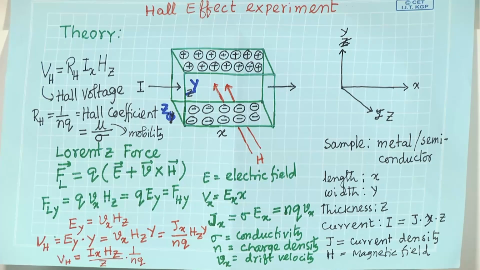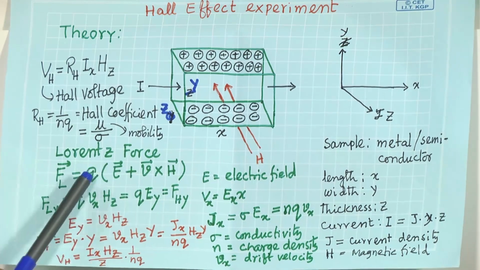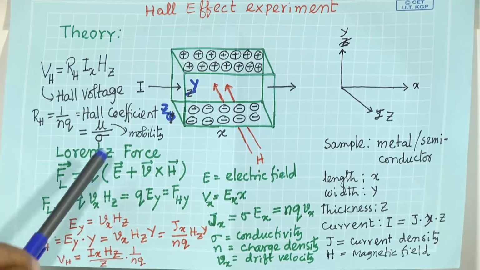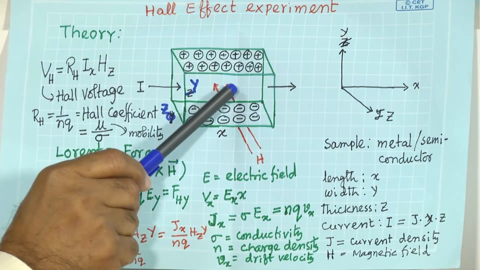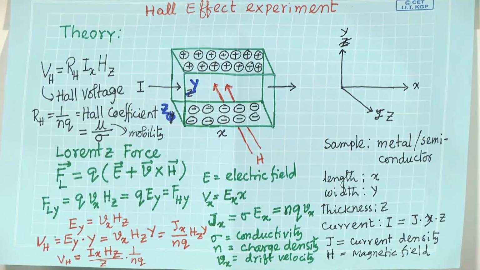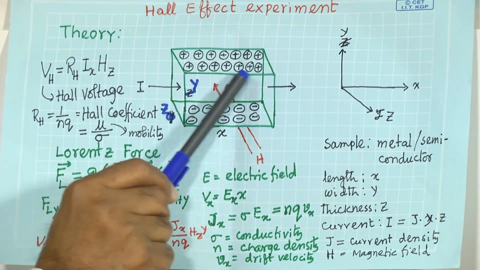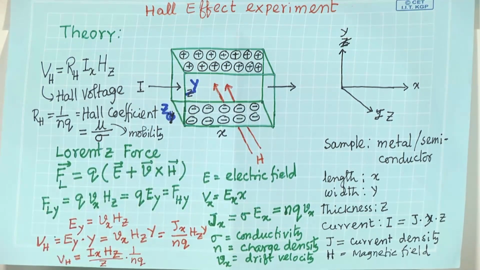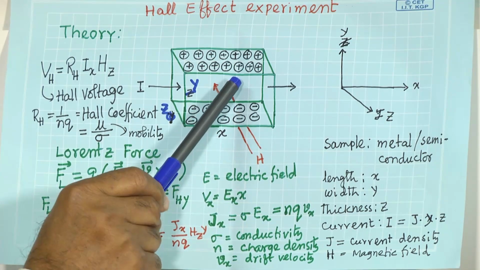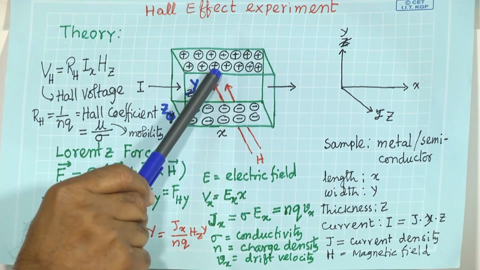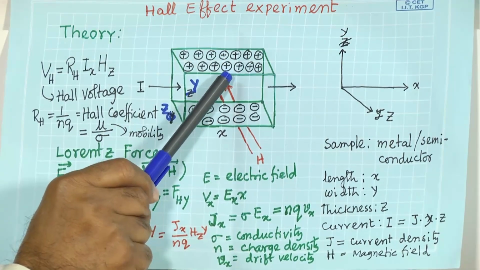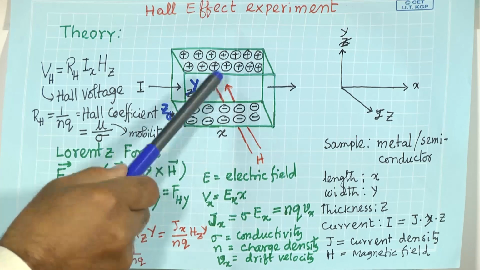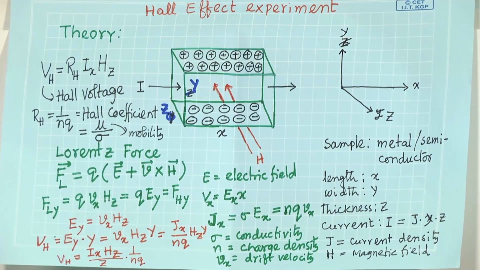Due to this force, now again it depends on the sign of the charge. In case of a hole, whatever the direction of the force, for an electron it will be in the opposite direction. So whatever the carrier inside the sample, the hole will be shifted along this direction, and the electron will be shifted in the other direction.